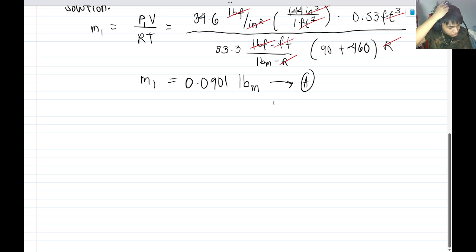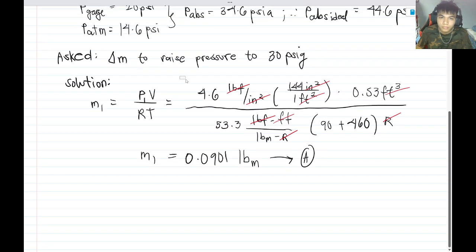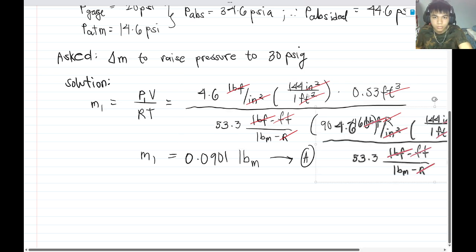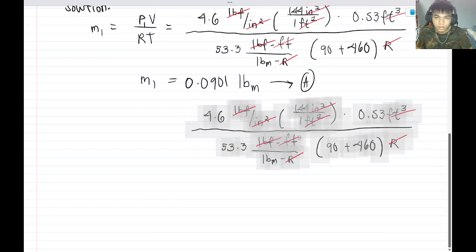Now we find M2. For M2 naman, same process, palitan lang to ng 4. Okay? So let's try to do that here. Transfer na lang natin dito.